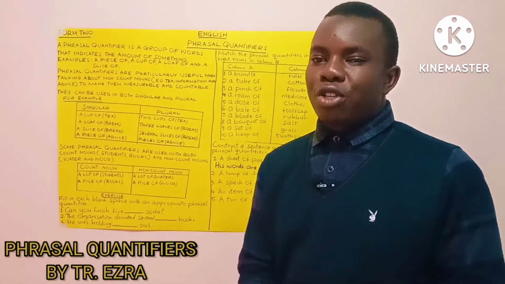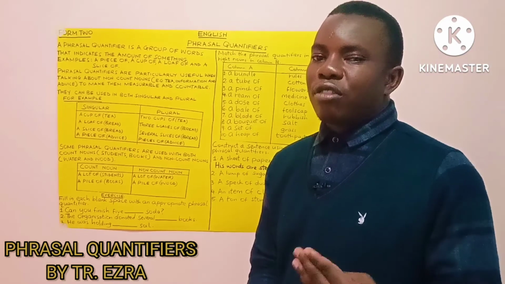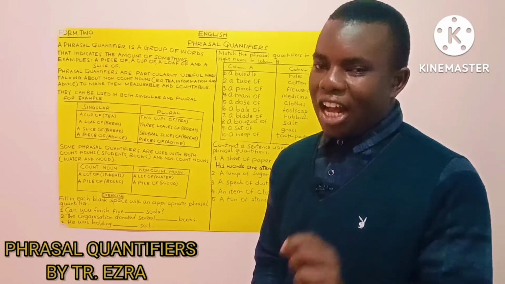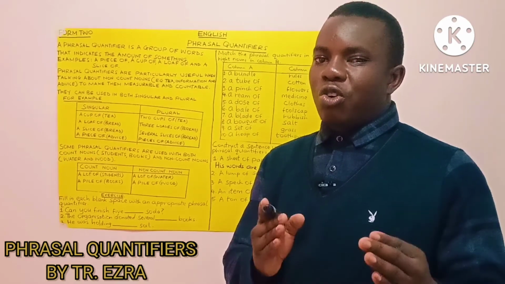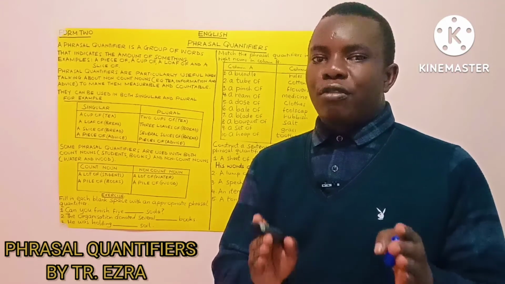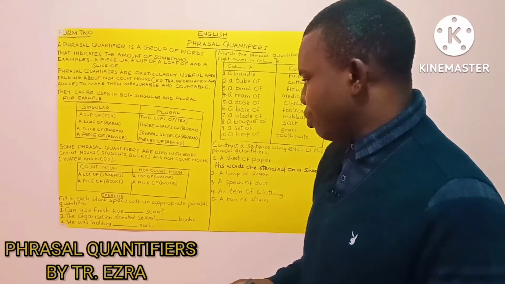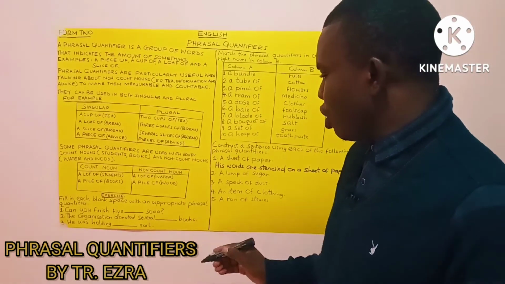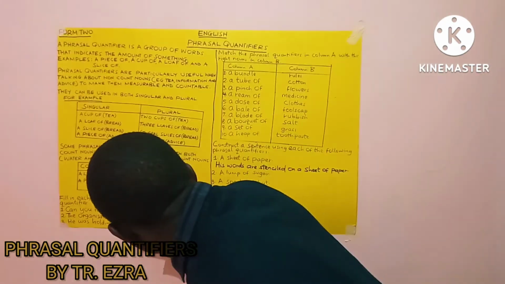Sometimes I've heard people say, can you finish 5 sodas? Soda is a mass noun, so it does not ordinarily have a plural form. We must use a phrasal quantifier to quantify it or make it measurable. So we can have a phrasal quantifier there. Can you finish 5 bottles of soda?